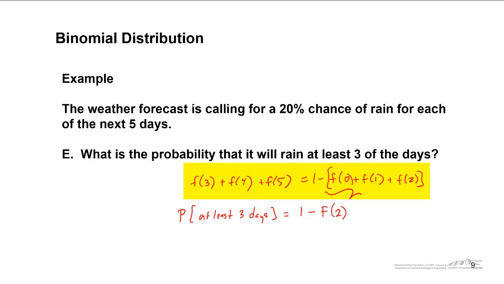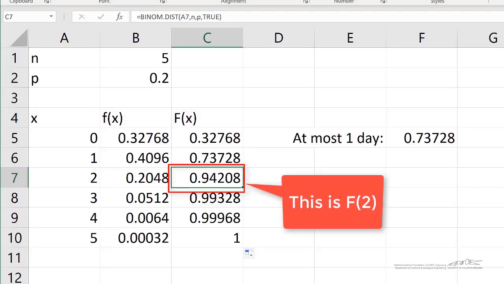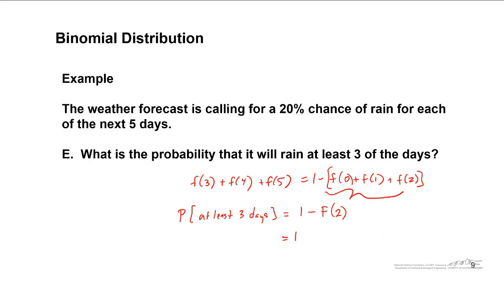And that is the same thing, that's the cumulative function when x equals 2. When I look on Excel, I can get the cumulative capital F of 2, is equal to 0.942. So we can just subtract 0.942 from 1, and that means the probability of it raining at least 3 days is going to be about 5.8%.